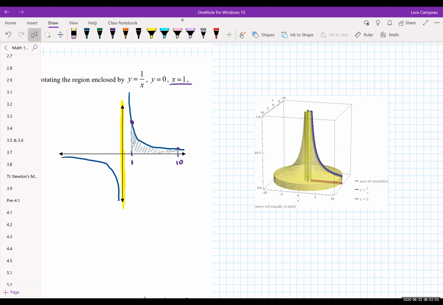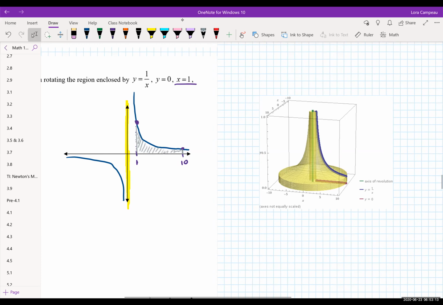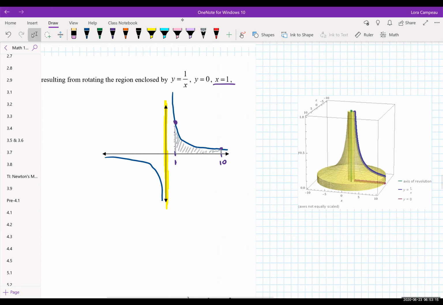So that narrows it down to washers or shells. It's not going to be a washer because the height is varying according to the cross-section used. I can draw the cross-section for you and make a note, because that's something we have to pay attention to.